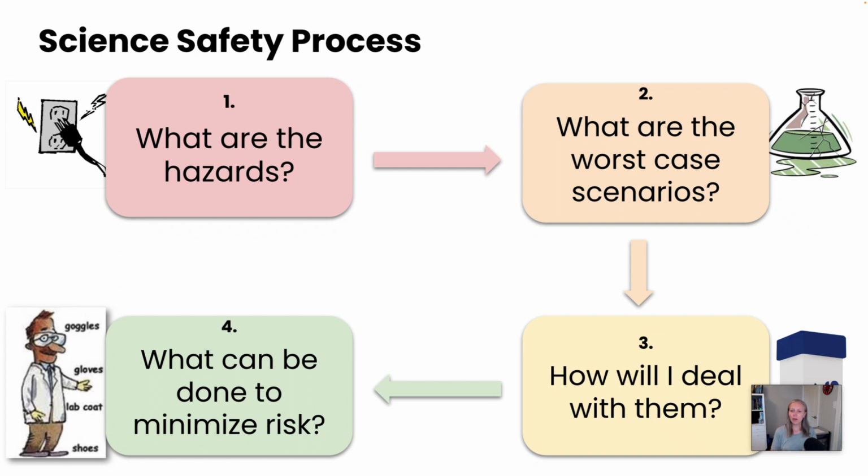So, you don't want open toed shoes. You want to wear long pants and long sleeves when we're doing labs. Depending on the lab, if it requires it, you're wearing gloves. You're always wearing safety goggles for a lab. There might be lab coats. Those are all things you can do to really minimize your risk.